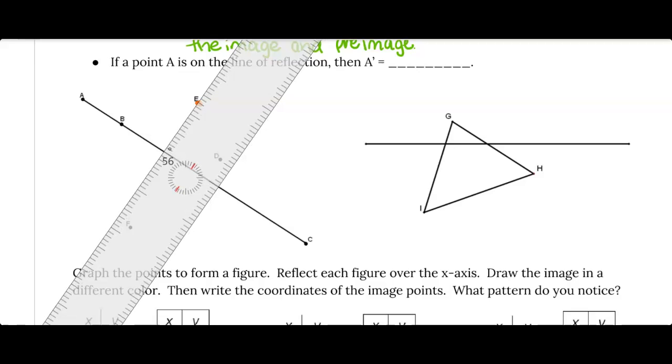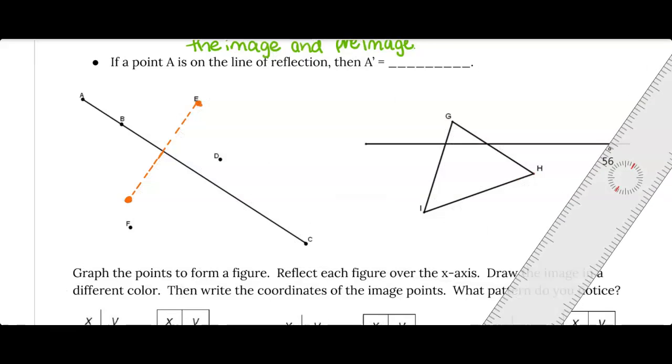I'm going to draw a dotted line along my ruler down, and then go the same amount down here. So you can see that this line is now perpendicular to my line of reflection, and I have the same length going down. So this will be E prime.